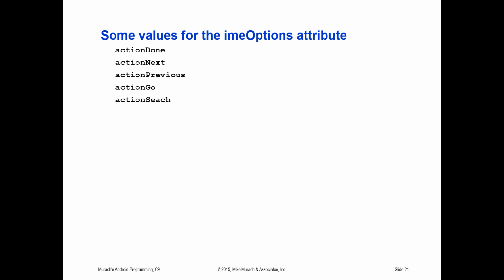So again, if you don't want Android to display the soft keyboard when the app starts, you can delete the request focus element from the body of the edit text element. If Android does not display the correct action button on the soft keyboard, you can use the IME options attribute of the edit text element to specify the correct action button on the soft keyboard.